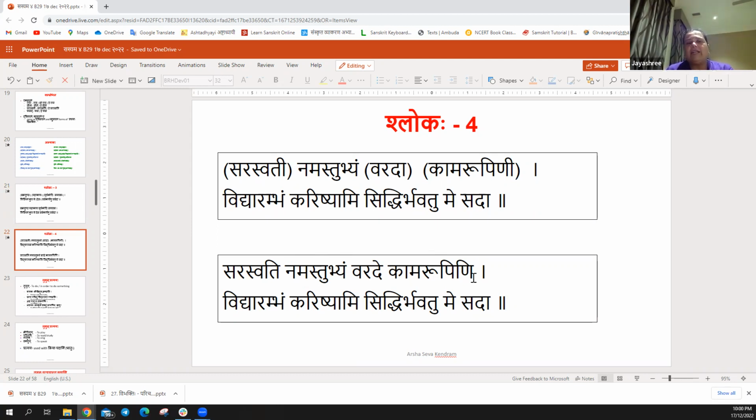We say Kamarupini. It's because we are doing a Sambodhana. We are not telling their names, we are calling. Vidyarambam Karishyami Siddhir Bhavatu Me Sada. So next time when you get these types of shlokas, you will know, oh, this is calling out.